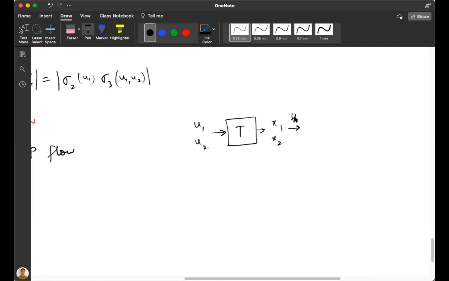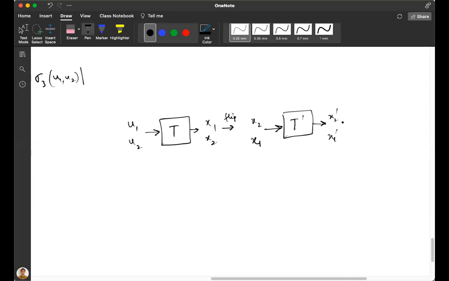You will flip them. x2 here, x1 here. And then again pass it through some other t dash. And you obtain some value here, let's say x2 dash and x1 dash, right? And again flip it, and you will get some x1 dash and x2 dash. So both of these are RNVP.